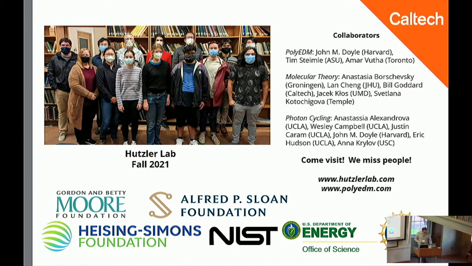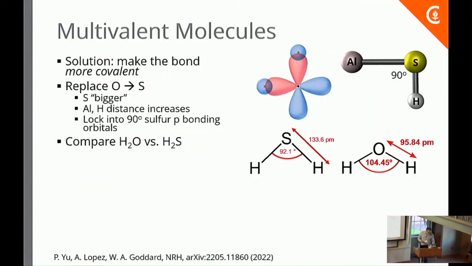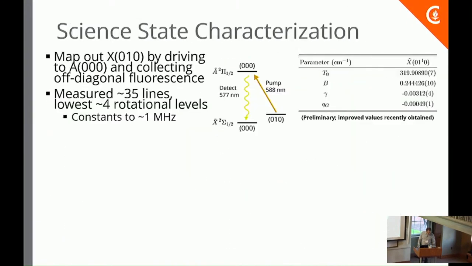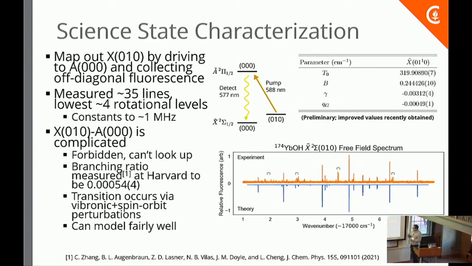We figure those are simply unassigned lines, and we're pretty sure that they're either different isotopes or, more likely, overlapping bands, because there are a few other bands in this region that aren't fully known, including vibronically non-trivial excited electronic states. So that's what we're pretty sure they are.